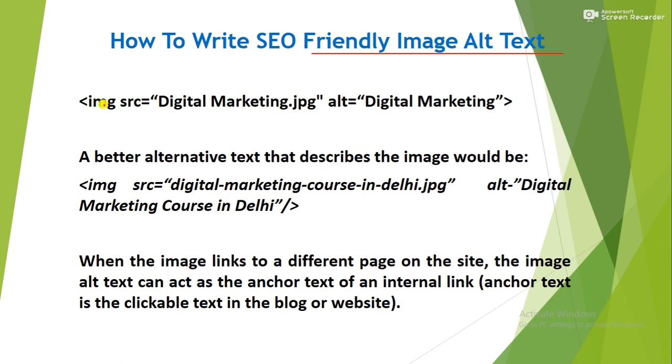Your alt text should represent your image as well as your blog, because it should provide meaning to both your image and your blog, right guys? And another thing to understand is that sometimes when you open your website or your blog, the image is not shown there because it may take time to load.